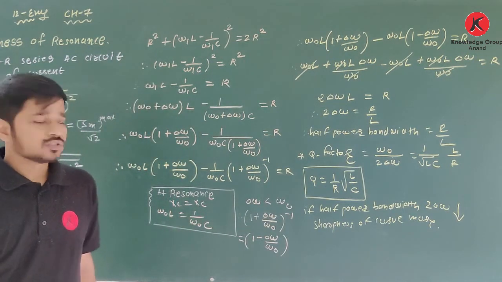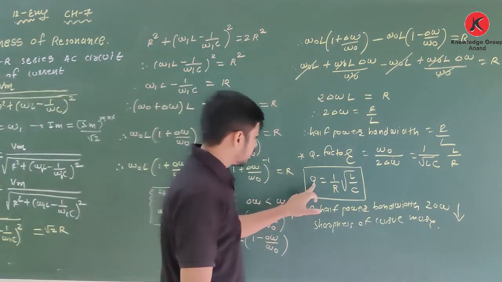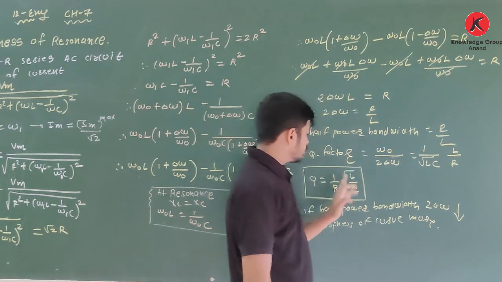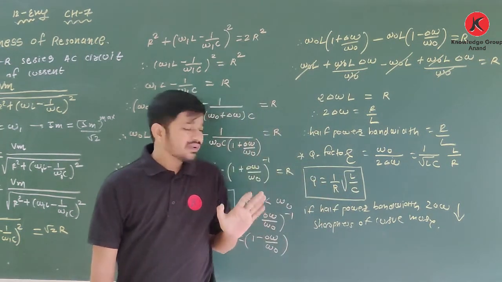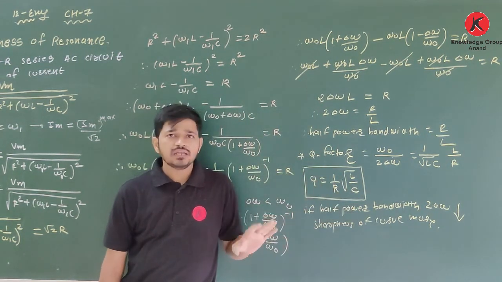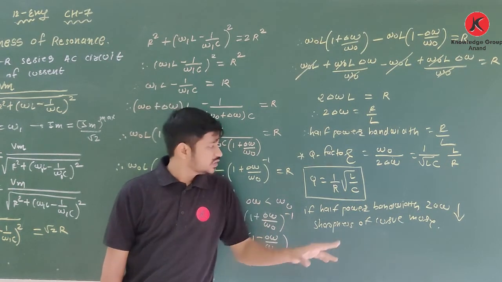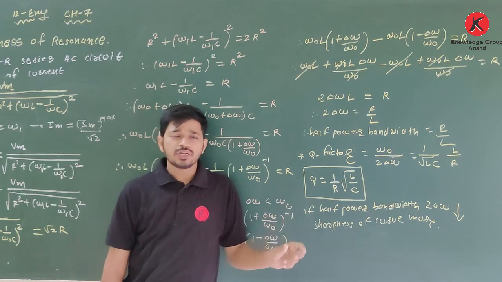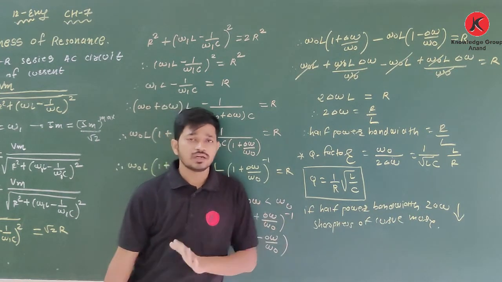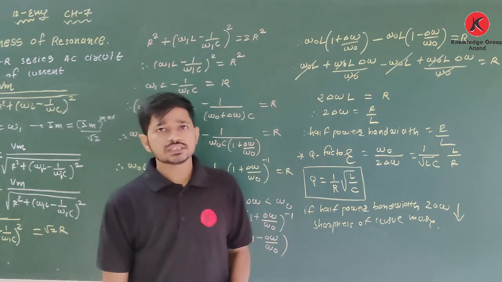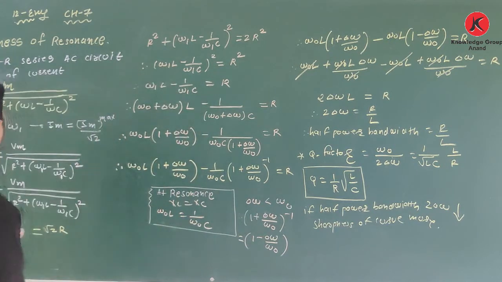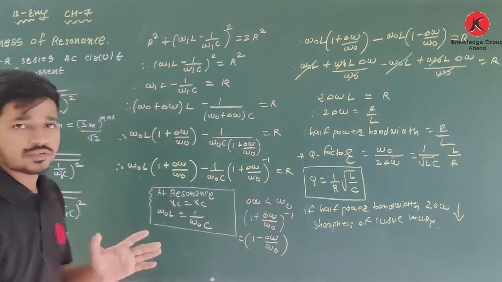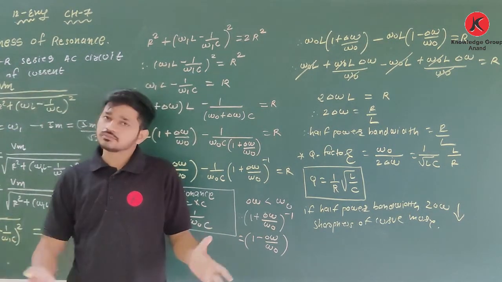Clear about this? So it is the equation of Q factor, Q is equal to 1 upon R under root L upon C. By varying the value of C, you can achieve one particular quality factor at which tuning occurs. Clear about this? So it is the whole theory for resonance. Okay, for today, this is it.